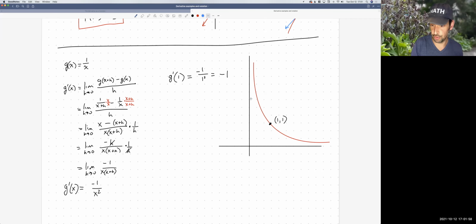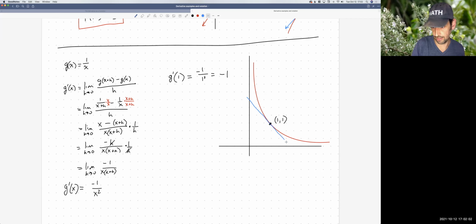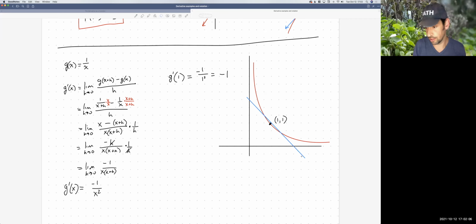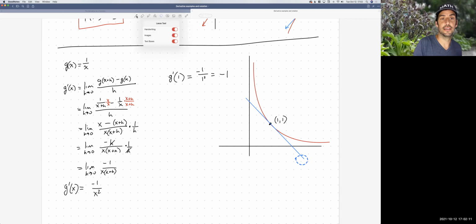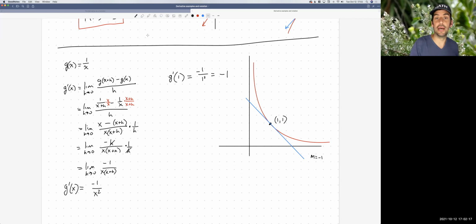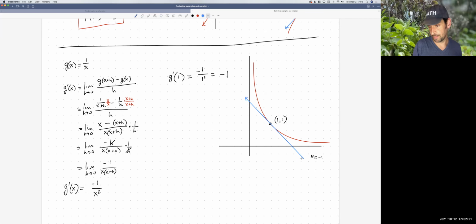If I were to look for the tangent line at x equals 1, this line would have a slope of negative 1, which certainly seems reasonable from the drawing, right?